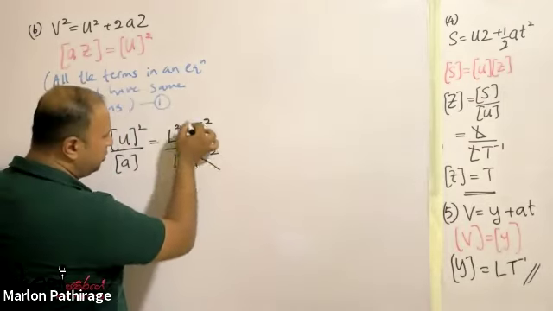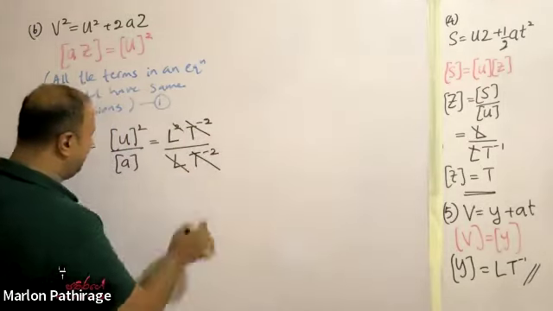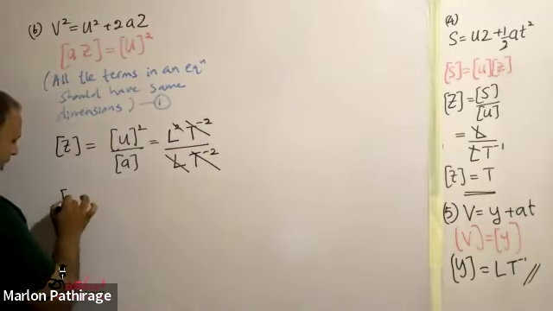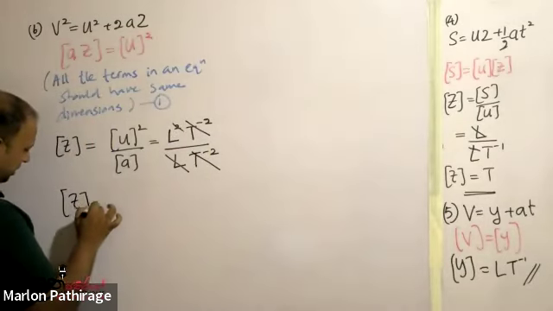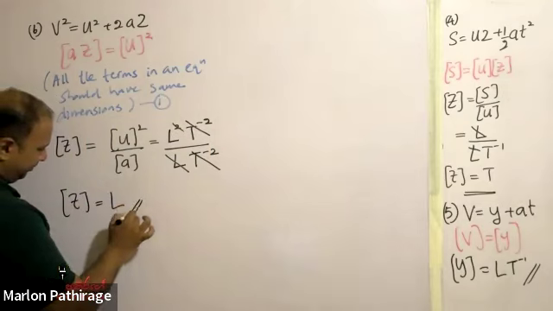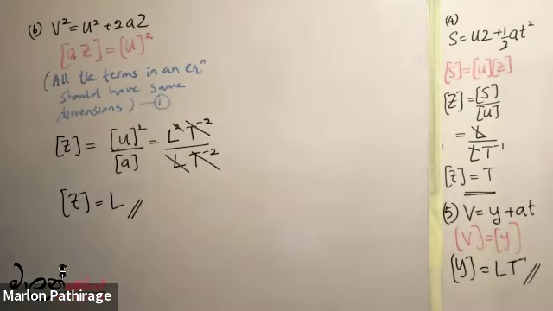T minus 2 and T minus 2 will be cancelled out, and L and L squared will partly cancel. Therefore, the dimension of Z is equal to L.